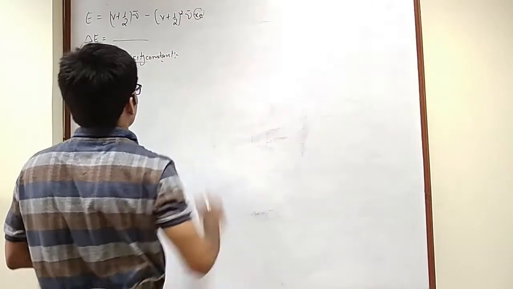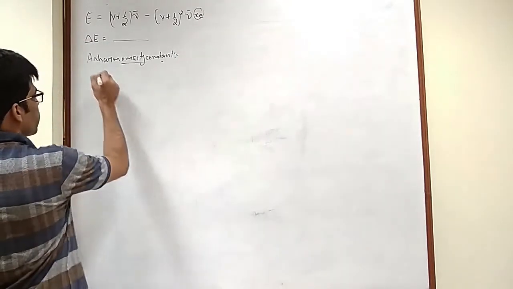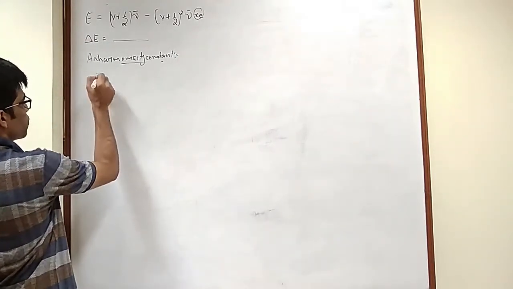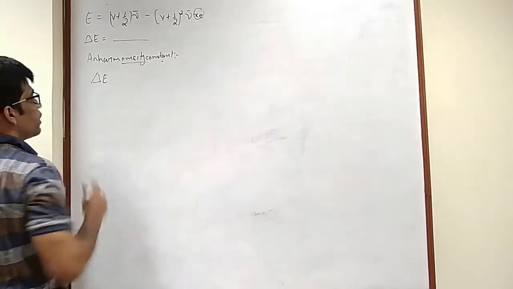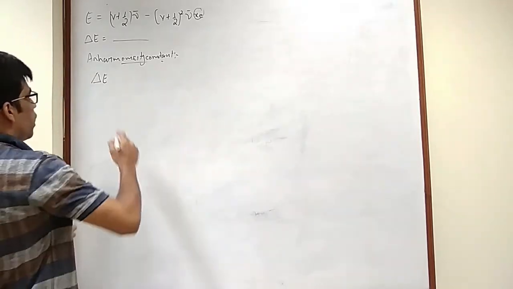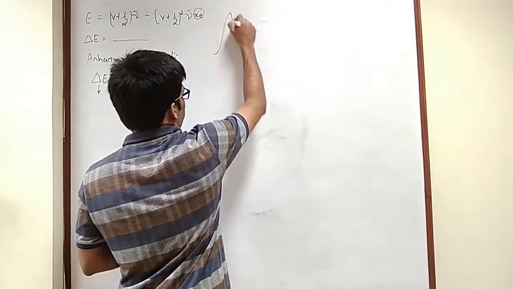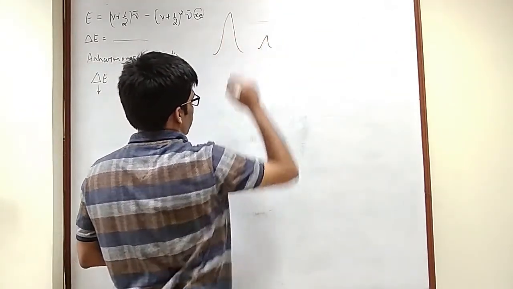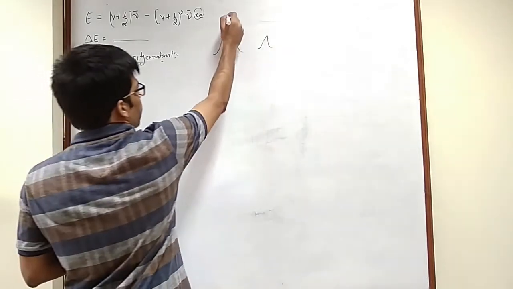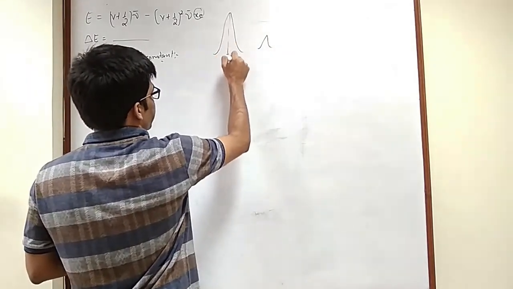Now suppose you are given the frequencies, delta E. In an IR plot, you will find peaks which are actually delta E, right?